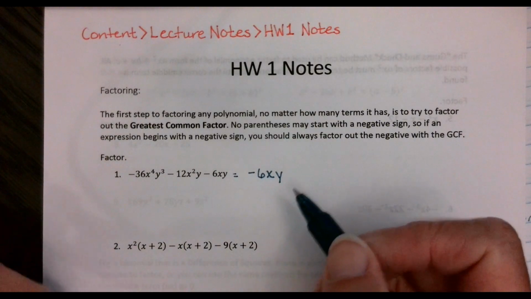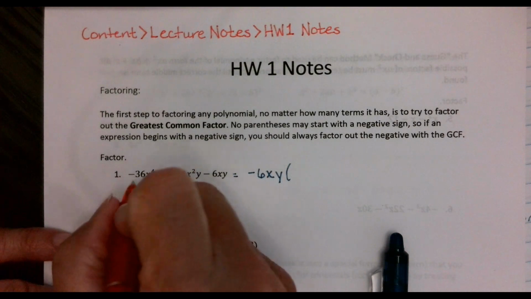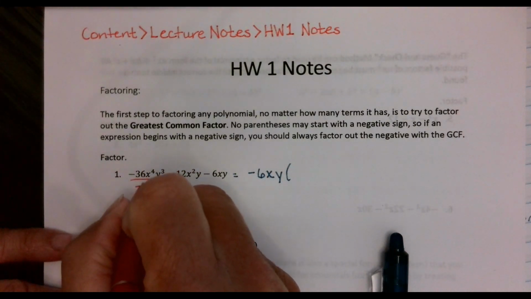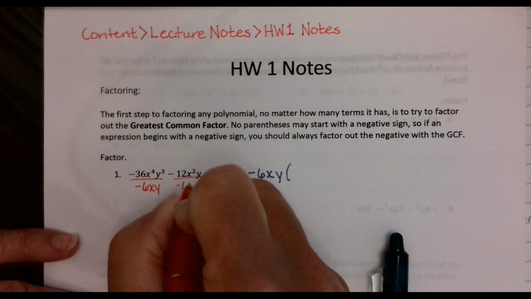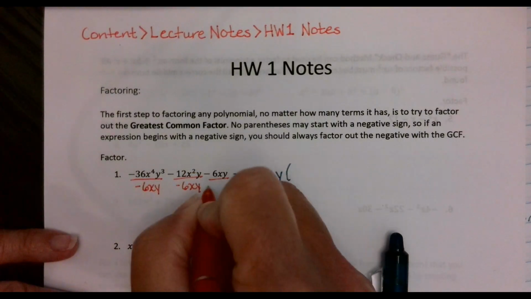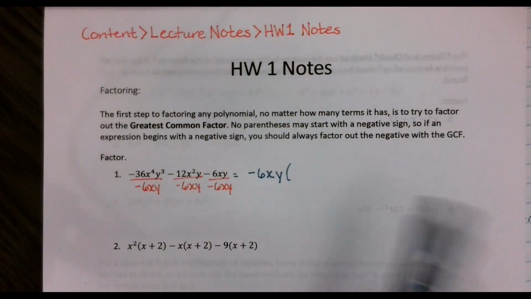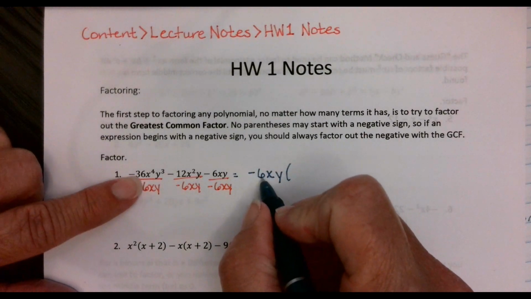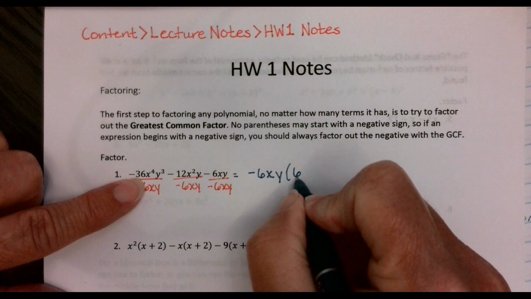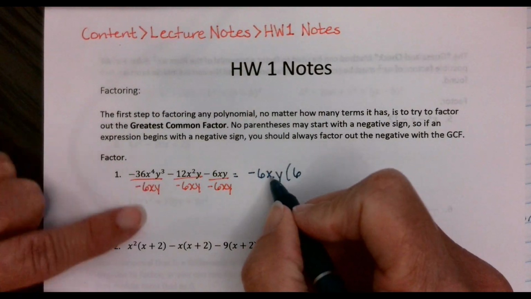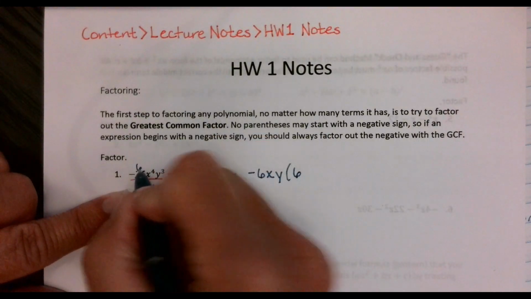Now, to get inside the parentheses, all you're doing is dividing each term by the negative 6xy. Now, I don't do this when I'm working the problem, but just when I'm teaching it. Negative 6 times a positive 6 is going to give us a negative 36. But if I divide, that will give us a positive 6.